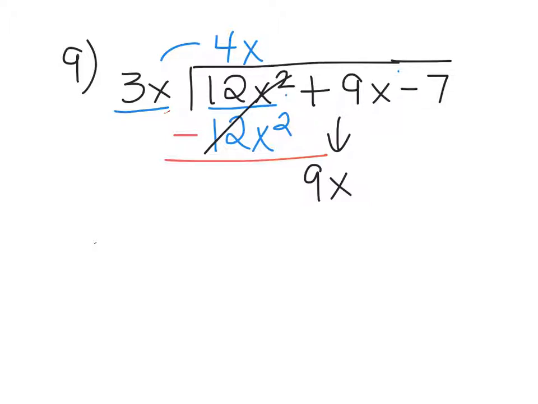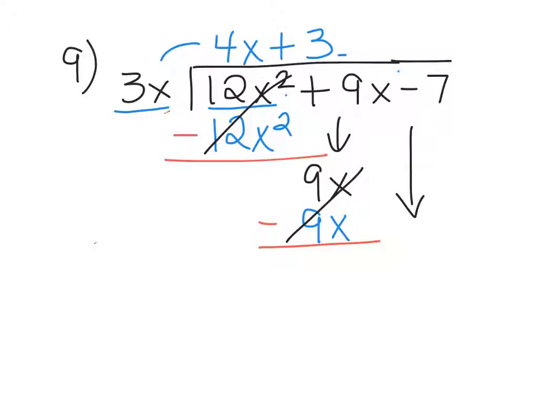Well, 3 times 3. So I'm going to put plus 3, and 3 times 3x will give me that 9x, so I don't need an x term right here. 3 times 3x is 9x. And I'm going to subtract that. So 9x minus 9x cancels out.